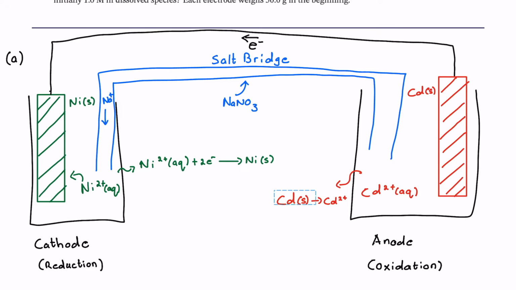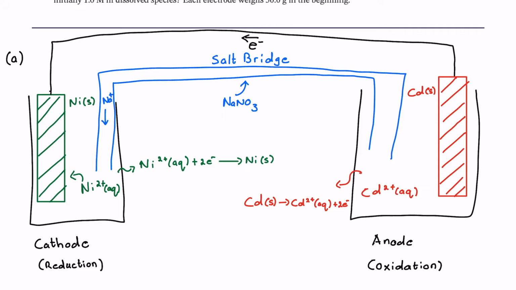So that means our cadmium solid needs to form cadmium 2 plus aqueous plus 2 electrons. Right, so it needs to produce electrons so that they can flow through the circuit to the nickel electrode, where they allow the nickel 2 plus to be reduced to nickel solid.